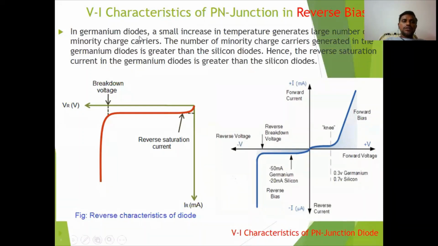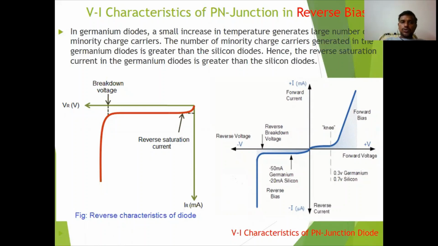That's why in germanium diodes, a small increase in temperature generates a large number of minority charge carriers. The number of minority charge carriers generated in the germanium diode is greater than in the silicon diode. Hence, the reverse saturation current in a germanium diode is greater than in silicon diodes.